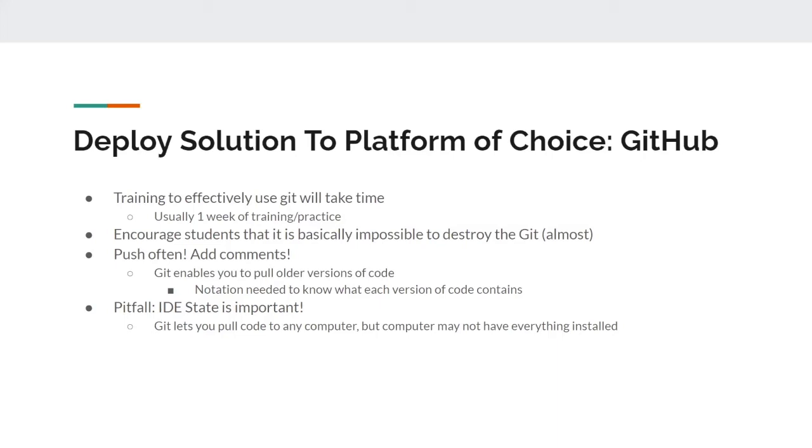The next thing, especially with high school students, is that you have to tell them to push or upload their code as often as possible with comments. The reason why is that iteration in coding is extremely important.